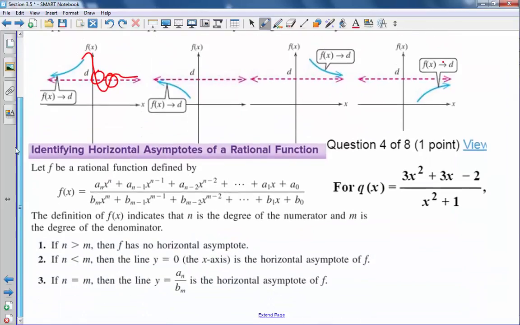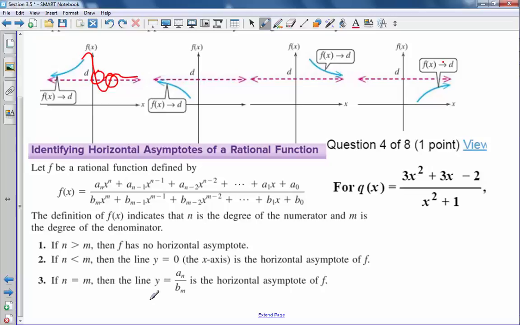But how do you find them? Such as question 4. Your equation here, how do you find horizontal asymptotes? Well, it looks like a very sophisticated test for it, but it's quite simple actually. Don't be intimidated by the look. It's easy.